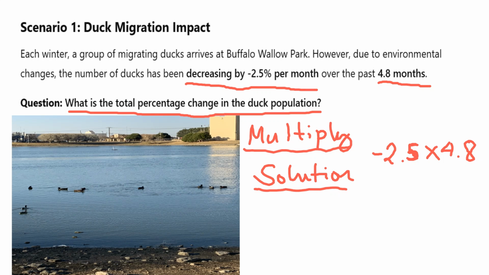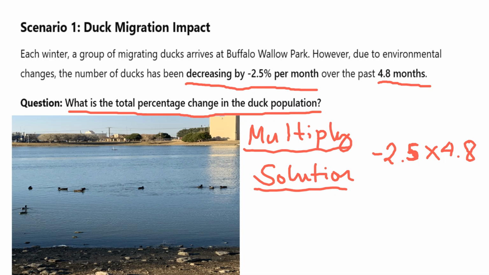Let me repeat that again because sometimes I would mistakenly say things, and I want to repeat it so that it would be clear to all of you, my viewers, that I said the right thing. So we will multiply negative 2.5 times 4.8.